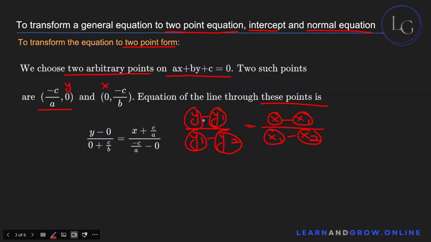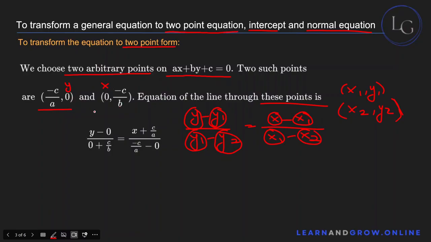So first thing you need to do is determine what this y1 is, what this y2 is, what this x1 is, and what this x2 is. So these points will be like this: x1, y1, and x2, y2.